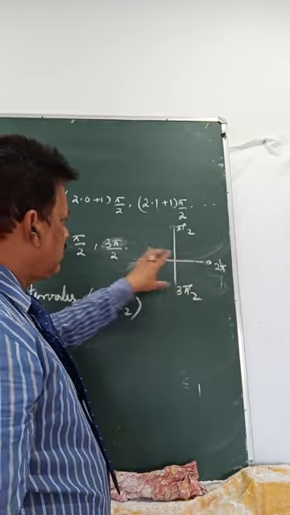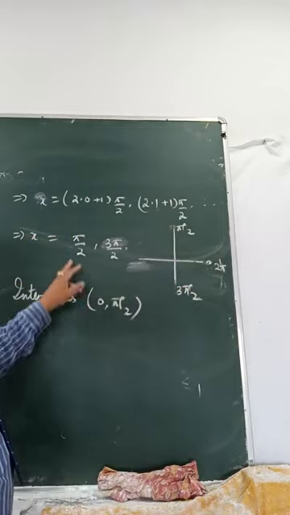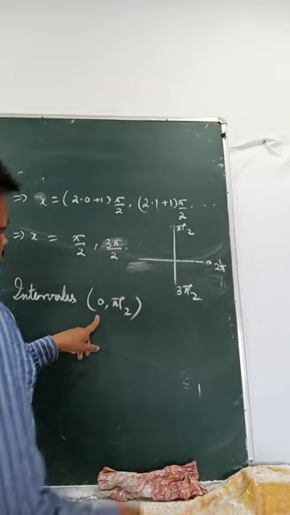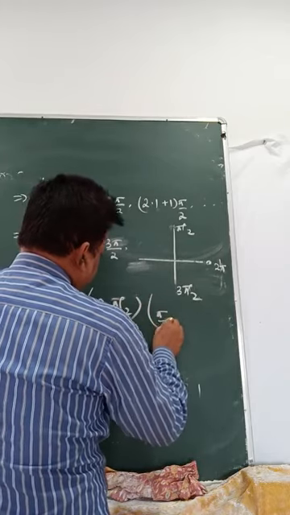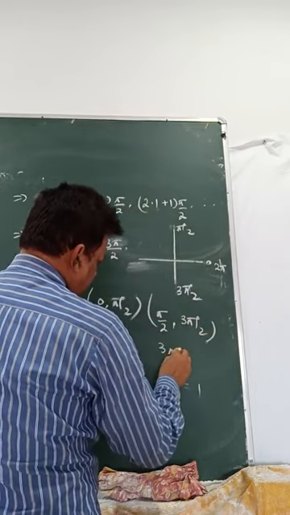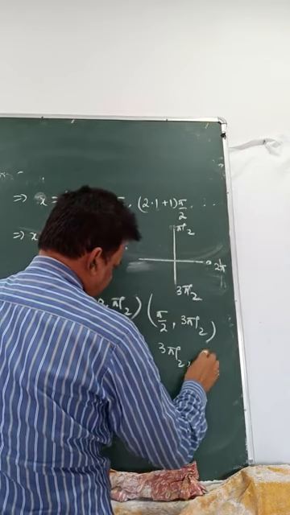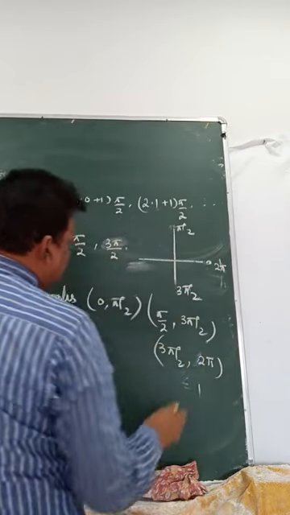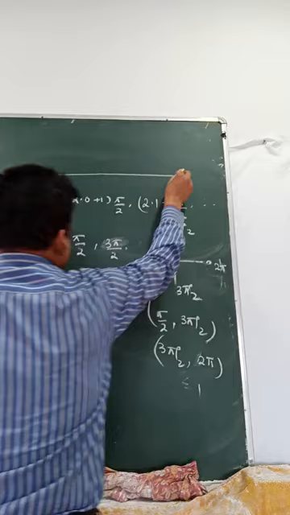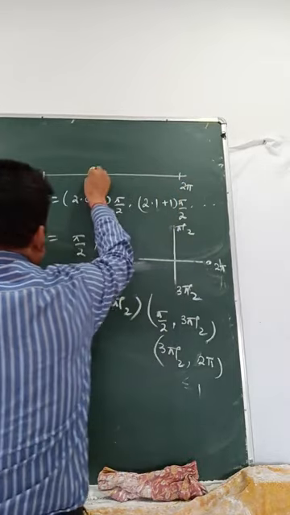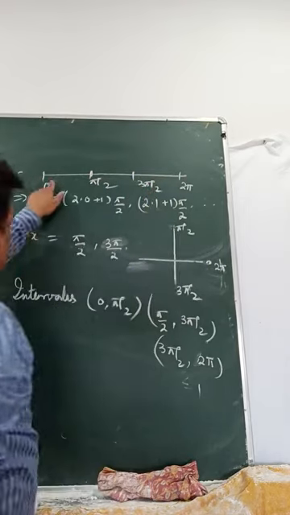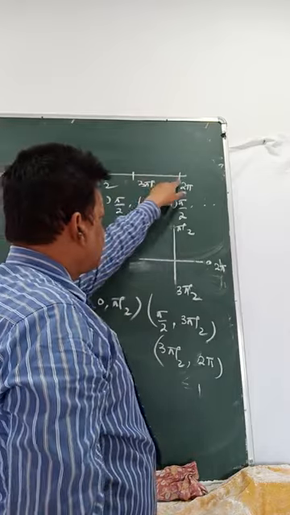Within the 360 degrees we are finding where the function is increasing and decreasing, because the others will be repeating. So the second one will be pi by 2 to 3 pi by 2, then 3 pi by 2 to 2 pi. 3 parts you got. Look, once more I can tell you, 0 to 2 pi you are breaking at pi by 2 and 3 pi by 2. One interval here, one interval here, one interval here.